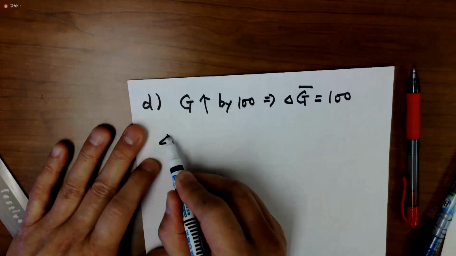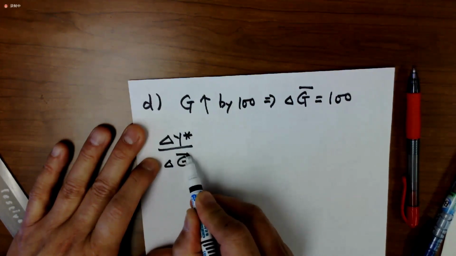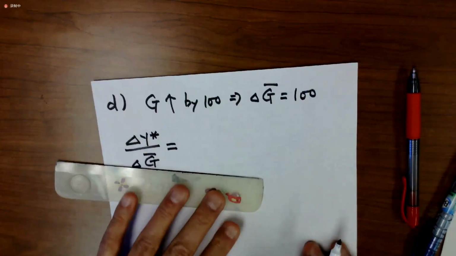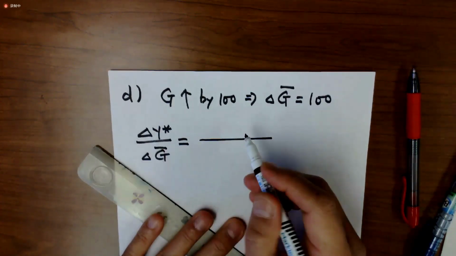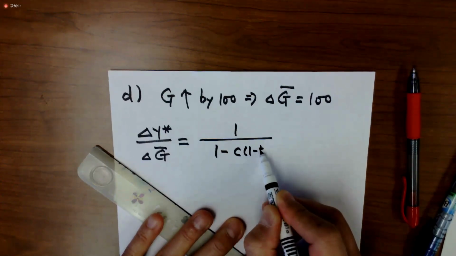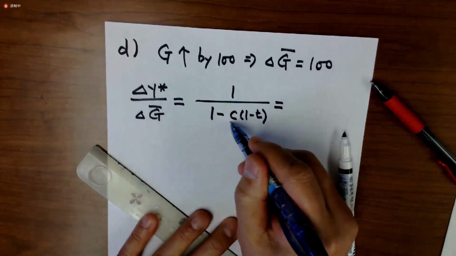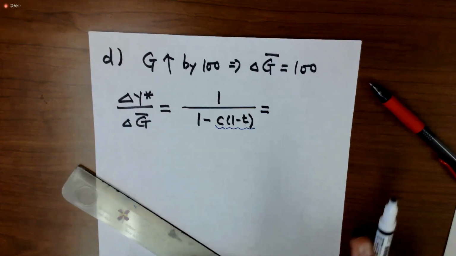Then you say, oh, Professor, let's do the government spending multiplier, right? This is what we discussed in the lecture. The government spending multiplier is nothing but 1 over 1 minus C times 1 minus T. So again, what does C times 1 minus T represent?